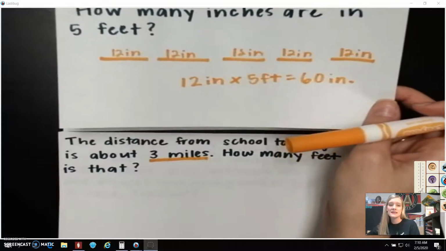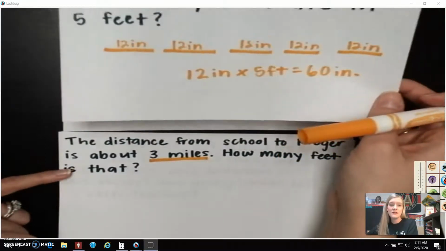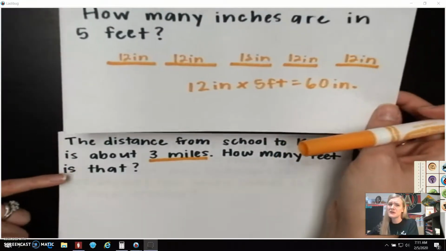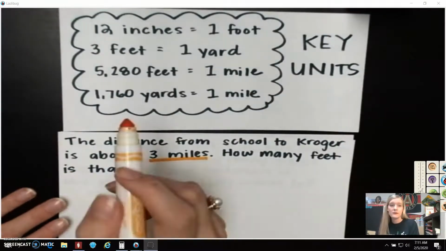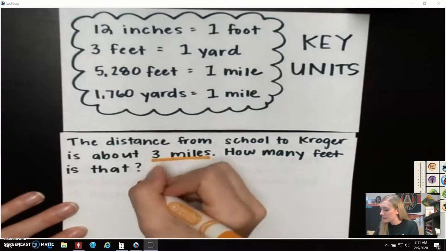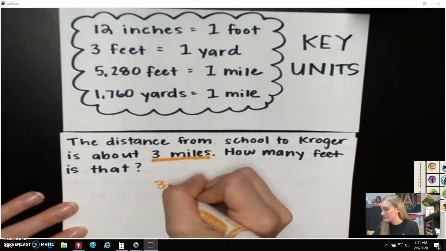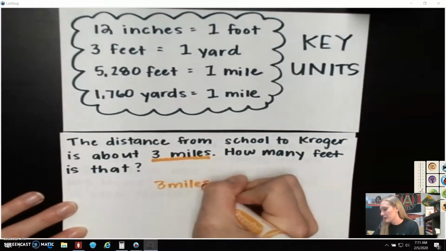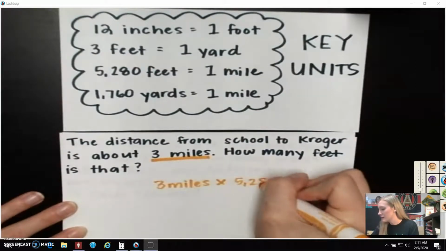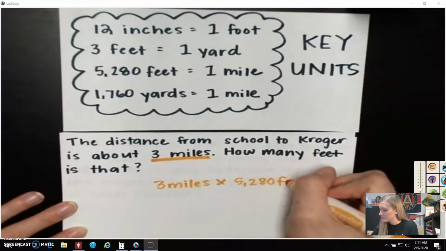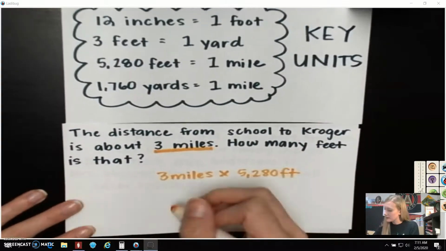It's not going to make sense if I'm trying to figure out how many feet there are in 3 miles that my answer is going to be less than 3. So I'm going to multiply by my key unit up here. So I need to multiply 3 miles times 5,280 feet.